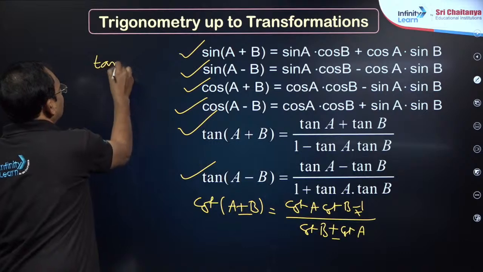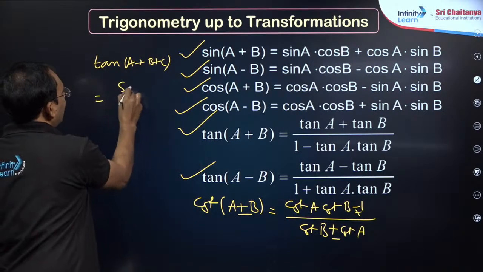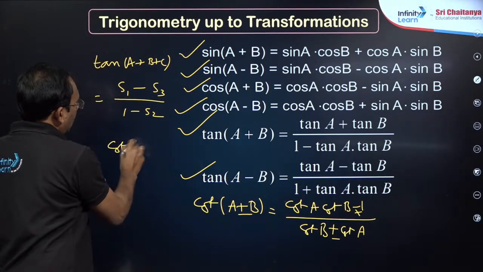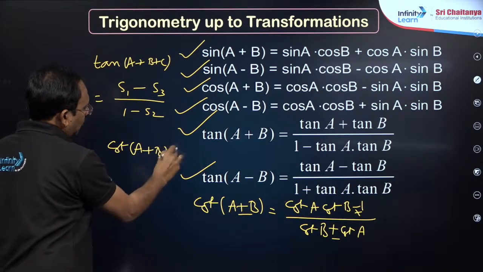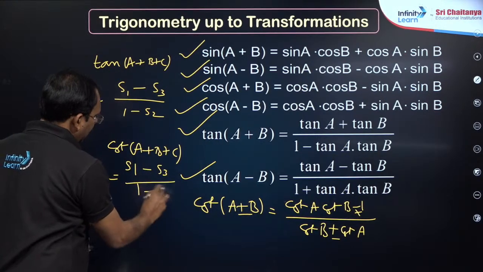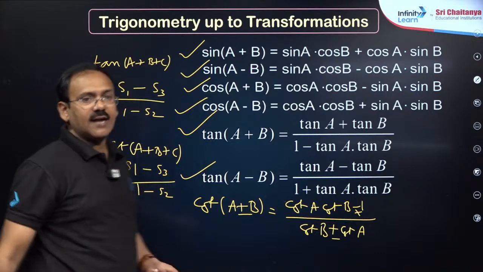Tan of A plus B plus C. Please try to recall, dear students, S1 minus S3 by 1 minus S2. Even cot of A plus B plus C also, S1 minus S3 by 1 minus S2. This will be in terms of tan, and this in terms of cot.